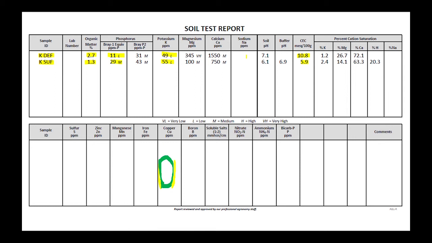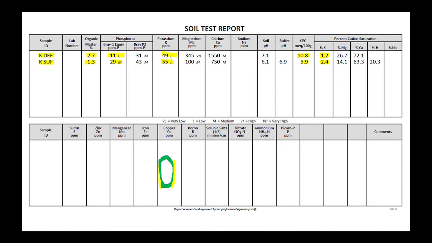And this is where percent cation saturation and cation exchange capacity comes into play. If we look at our percent saturation, we're able to compare these two soils. So even though our potassium levels here are 55 and 49, those are very close.